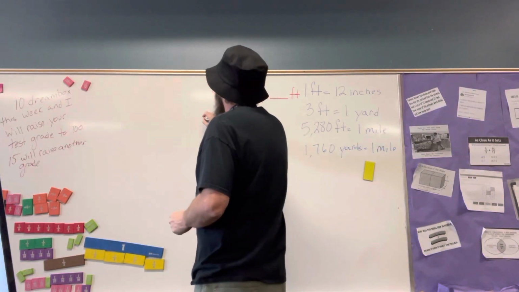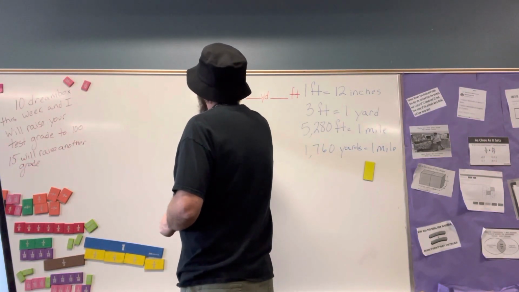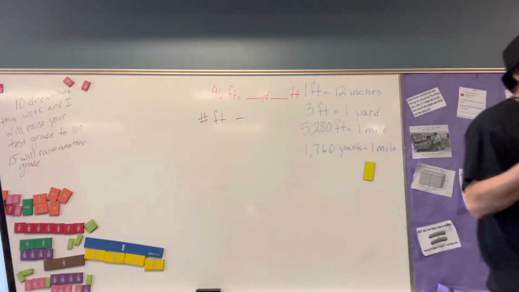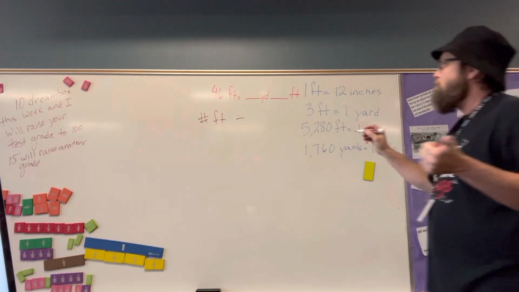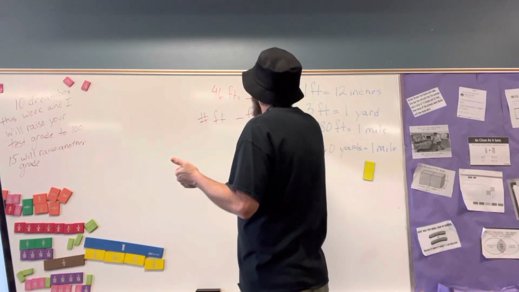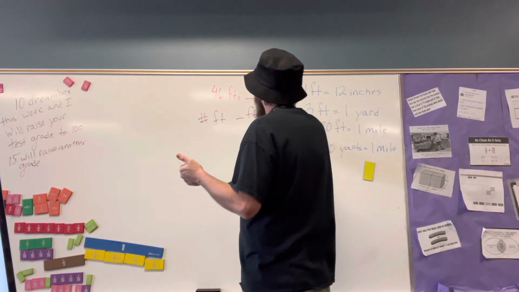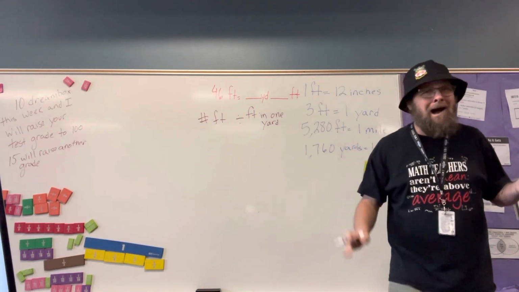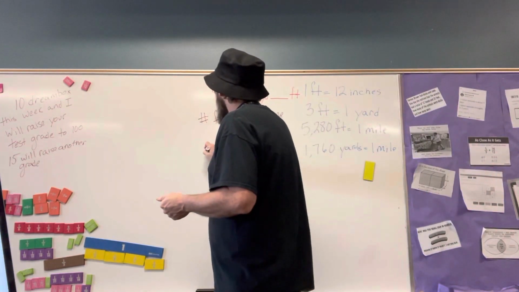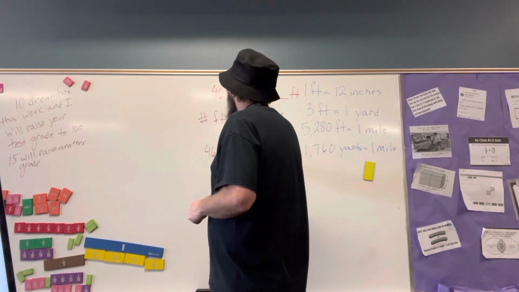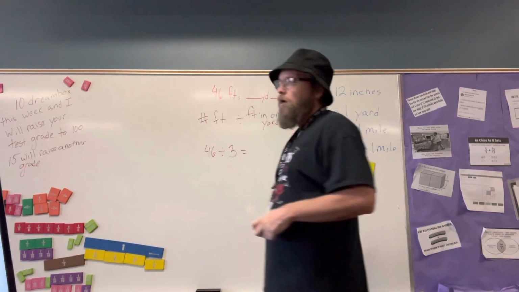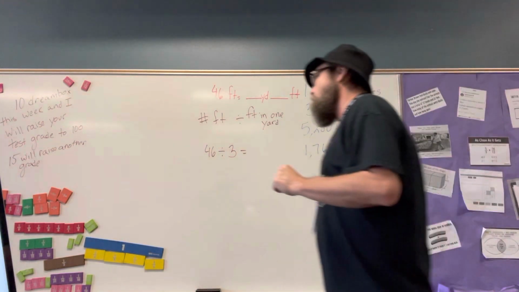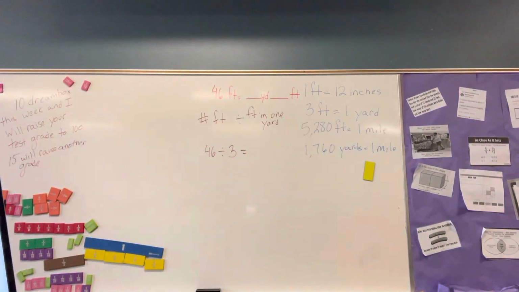We are going to divide the total number of feet by how many feet are in 1 yard? 3. So we divide by the feet in a yard. So 46 feet divided by 3 feet in 1 yard.